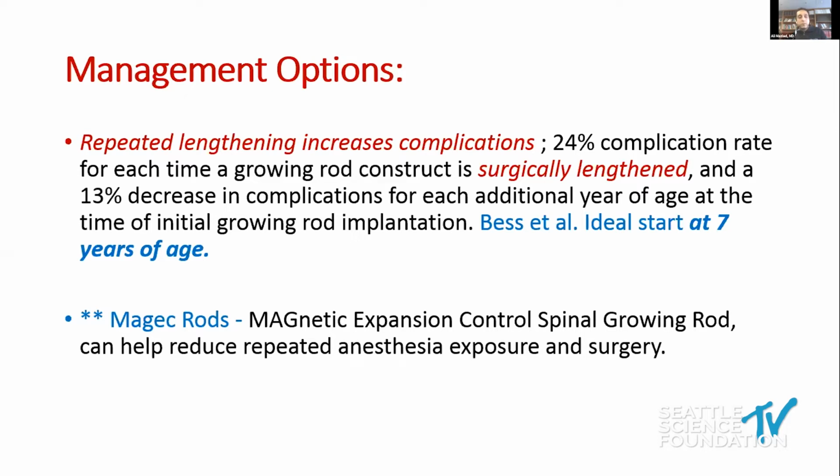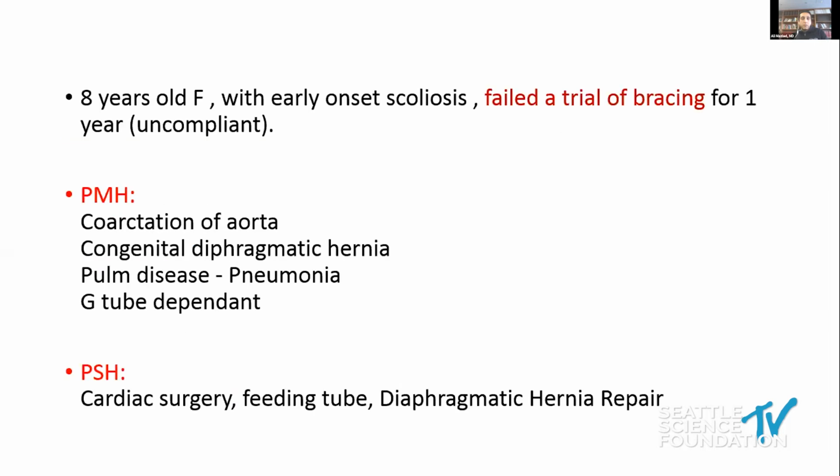Now, fortunately, there are other methods of treating those patients with magnetic rods, and this patient is one of those patients. So we have an 8-year-old patient with early onset scoliosis that had failed a trial of bracing for about a year due to non-compliance.